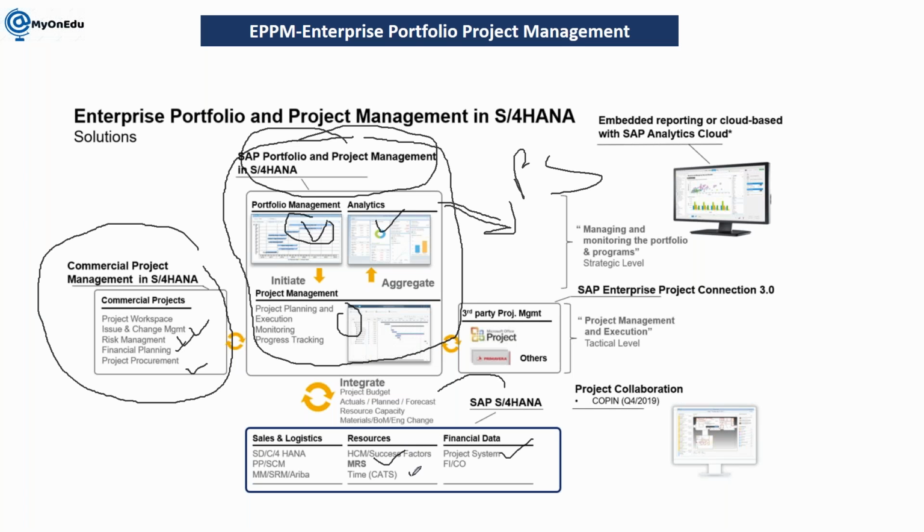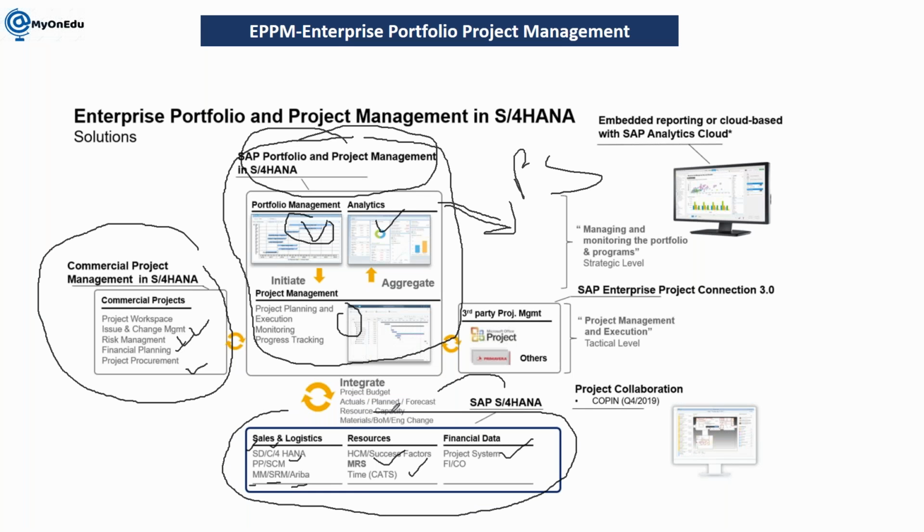It is integrated with CATS, cross application timesheet, SD, sales and distribution, C4, which is CRM, and PP, production planning, SCM, supply chain management, MM is material management, SRM, supplier relationship management. Ariba is a separate additional tool with SAP, which helps us in procurement. So all of this is part of your S4 system.